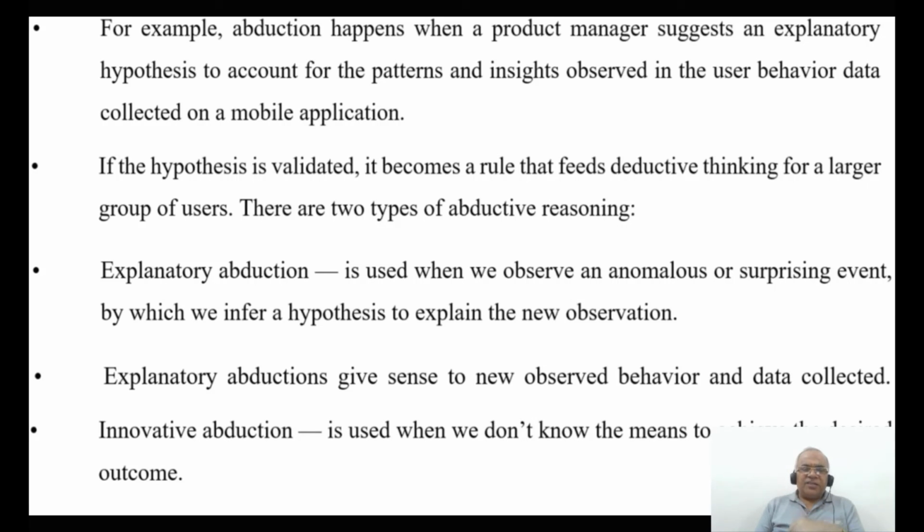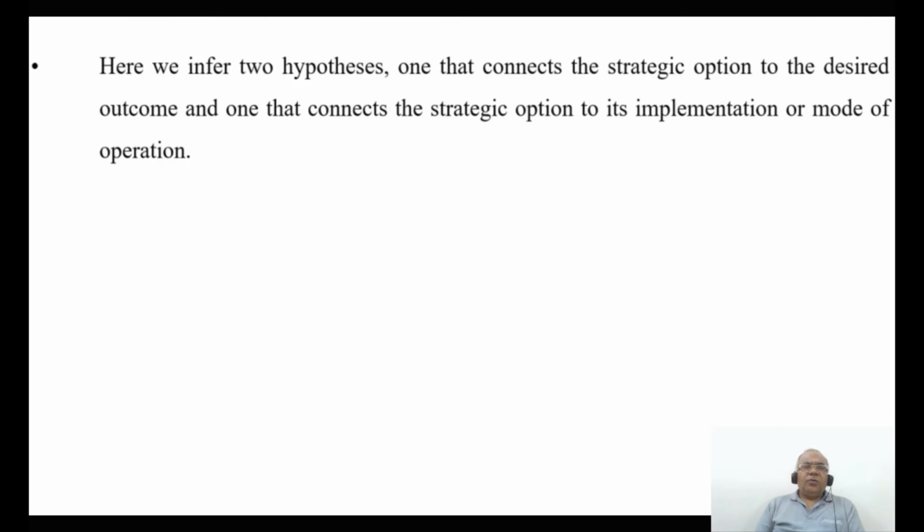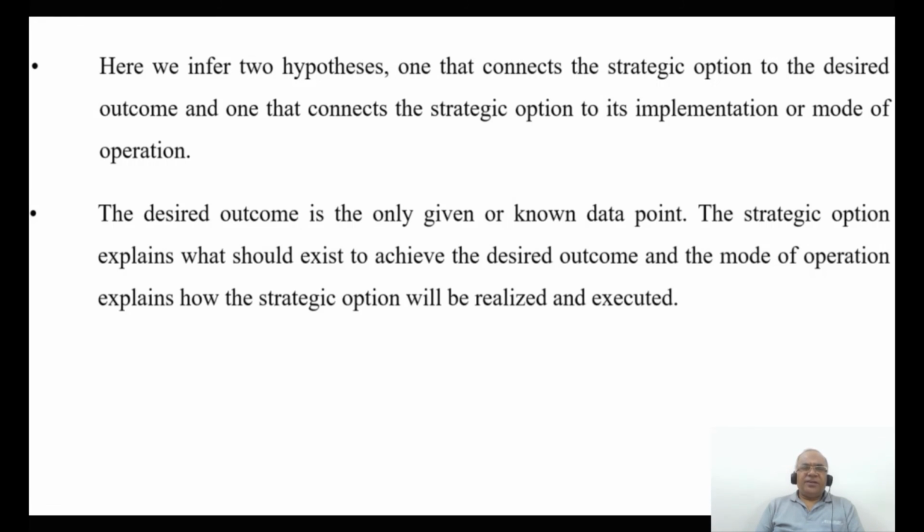Innovative abduction is used when we don't know the means to achieve the desired outcome. Here we infer two hypotheses: one that connects the strategic option to the desired outcome, and one that connects the strategic option to its implementation. One is the outcome and the other is the implementation, or mode of operation.